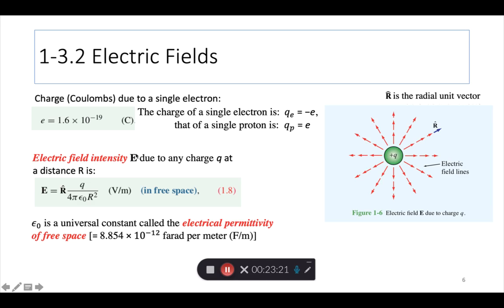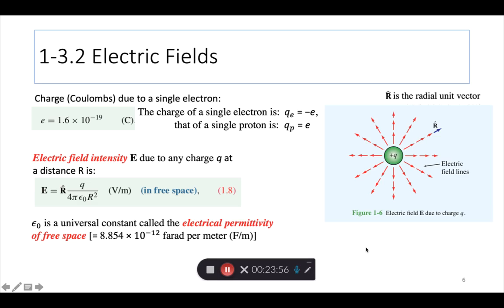So electric field intensity due to any charge Q is written as E equals the unit vector, and then there is a term, a magnitude, which is given by this formula: Q, which is the value of the strength of this in coulombs, divided by 4 pi epsilon 0 r squared. r is the distance from here to the point under consideration, and epsilon 0 is a universal constant called the electrical permittivity of free space, and this has this value.